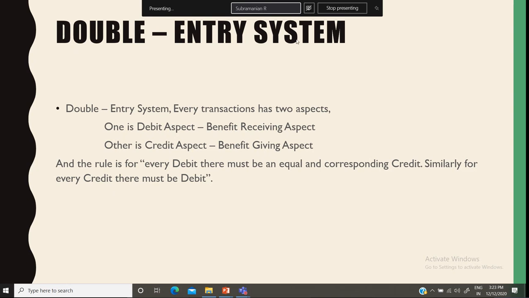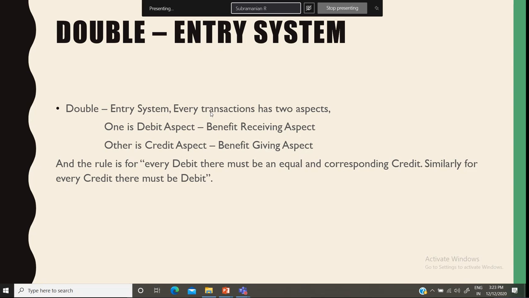What is meant by the double entry system is that every daily transaction is recorded in our accounting books, and for every transaction, one account is debited and one account is credited.